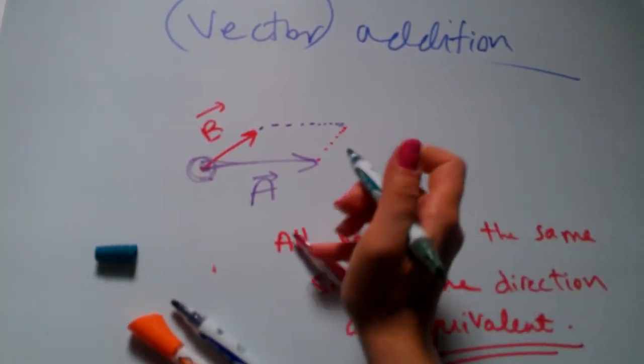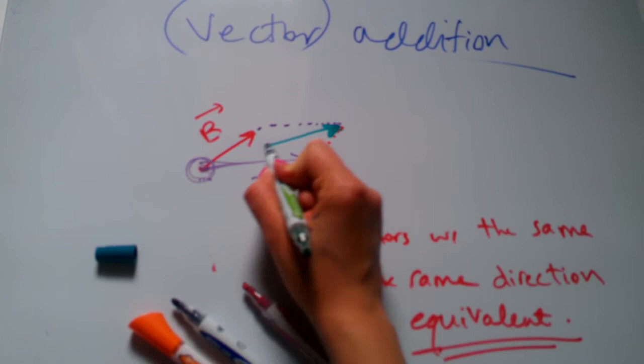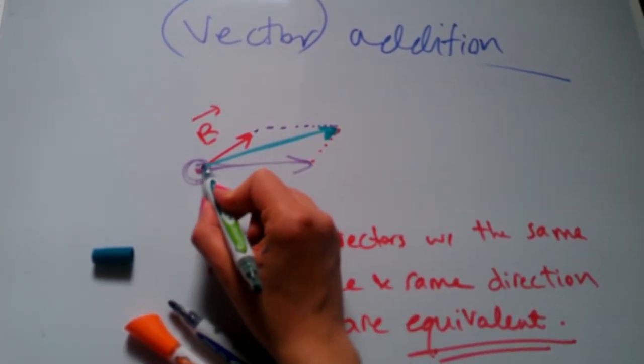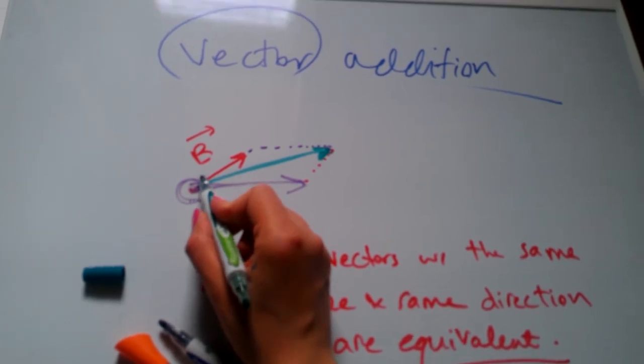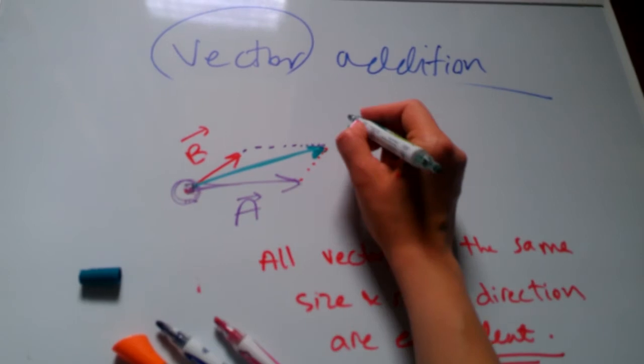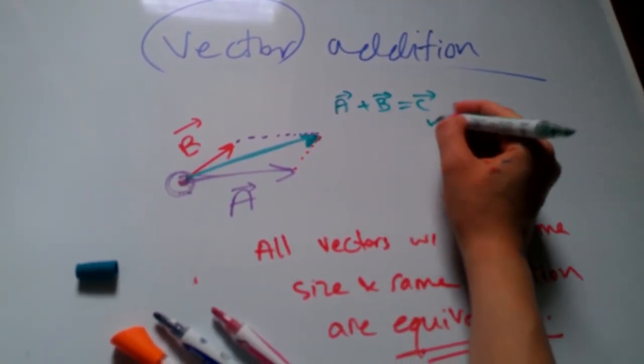The point where they meet is going to be the tip of the resultant vector, and the tail of the resultant vector is basically where the other two tails are glued. Okay? So A plus B gives you C.